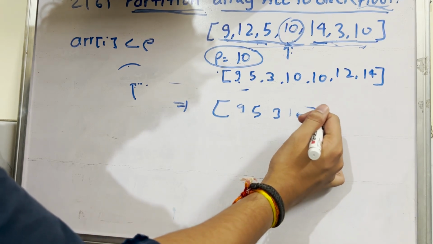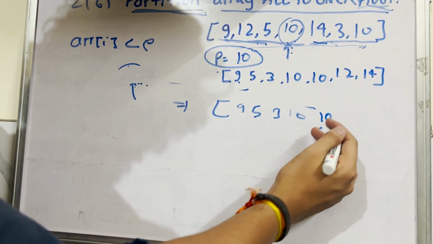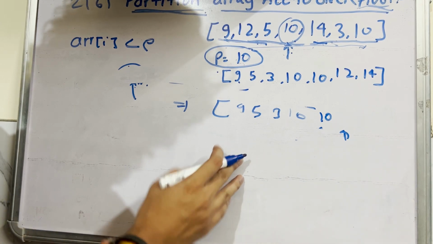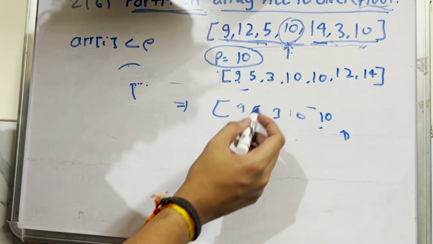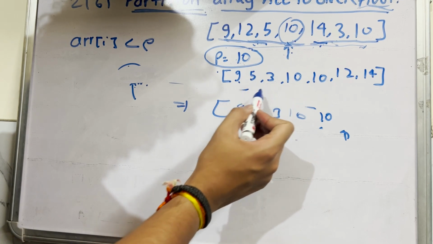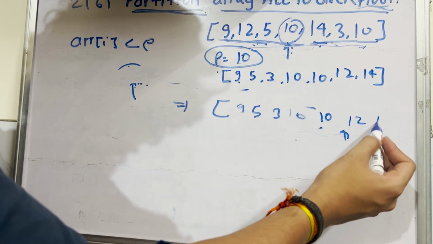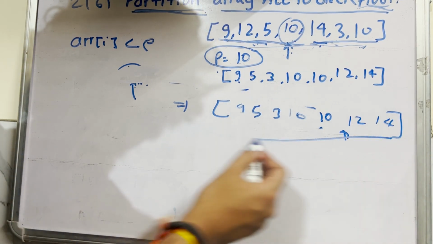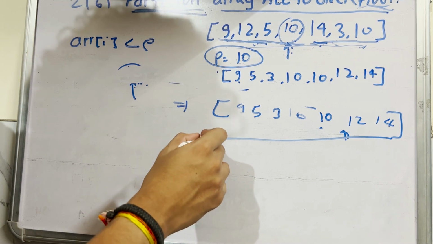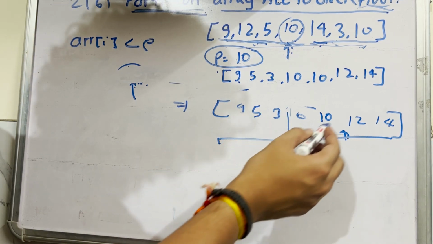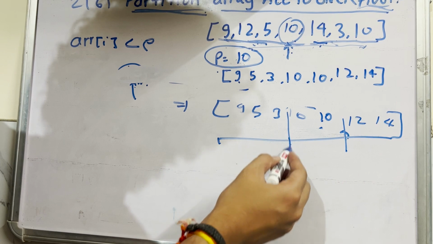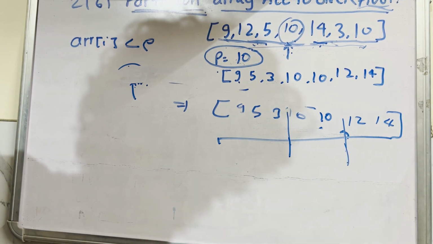Then our pointer increases, go to the next 10. So our pointer will be pointing here. Then we can scan through the array and get the values greater than the pivot. So it will be 12 and 14. As you can see, the relative order is also maintained, and the question is solved. You see it is partitioned into 3 parts. So let me show you the code.